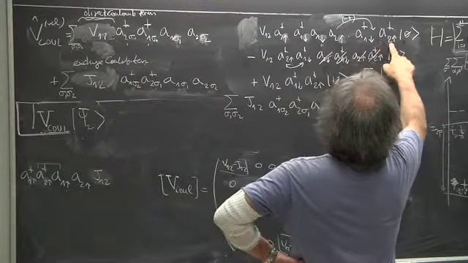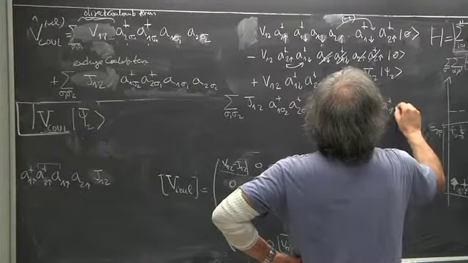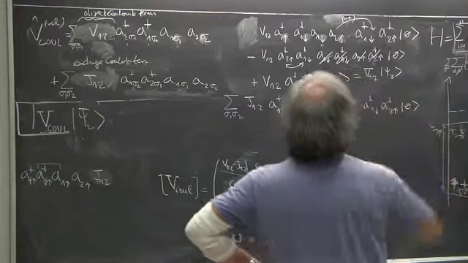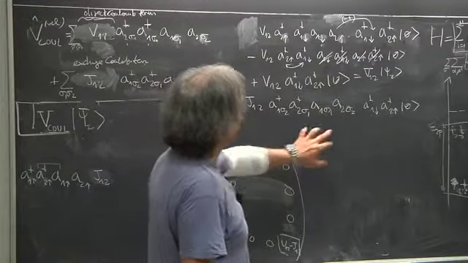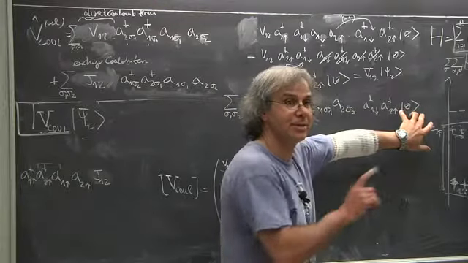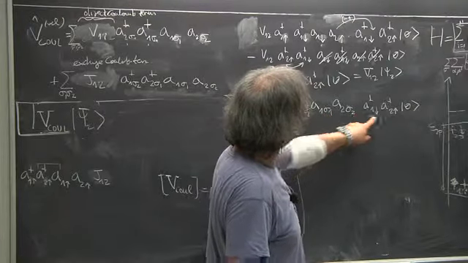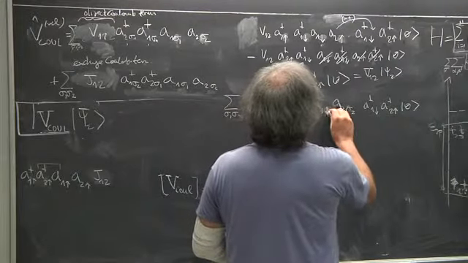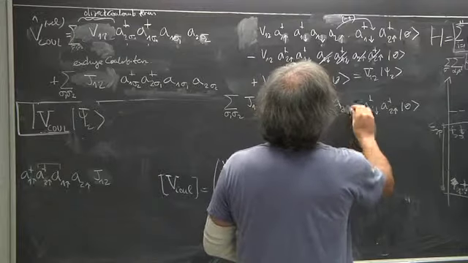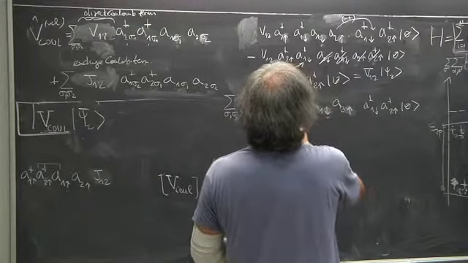So the state is still psi2, therefore A dagger 1 down, A dagger 2 up, vacuum. So let's see. I want to destroy things, and I want to destroy these two things. Otherwise, there is a 0. So 1 has to be down, as before. 2 has to be up. This fixes immediately this to be down, and this to be up. And there is no longer any need for a sum. The other terms are 0.